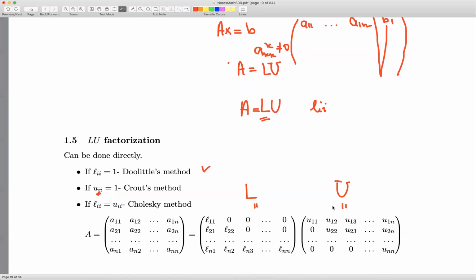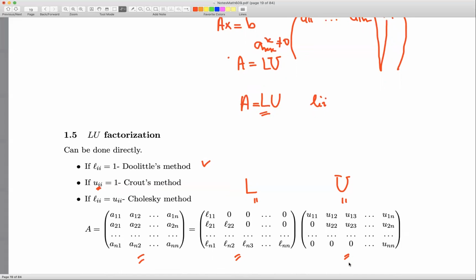This is the main problem we're trying to solve. We know the original matrix A, and we want to find the entries of L and the entries of U.